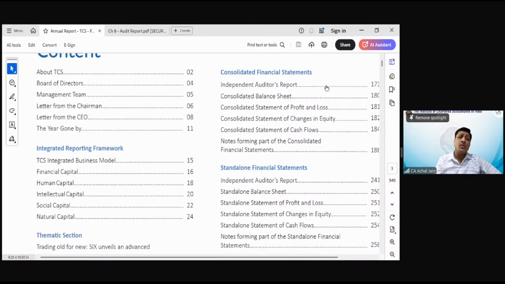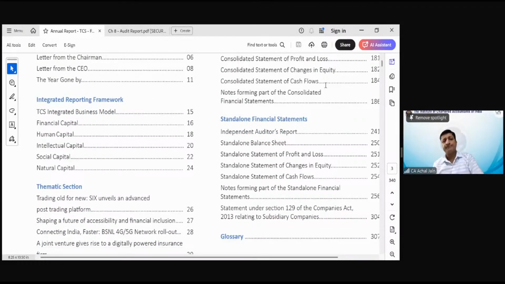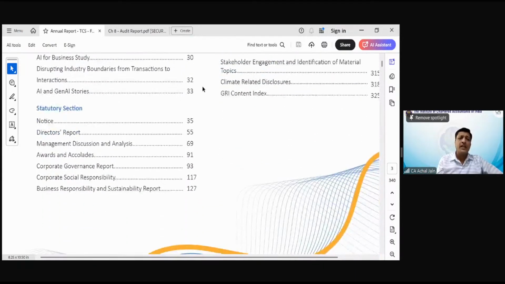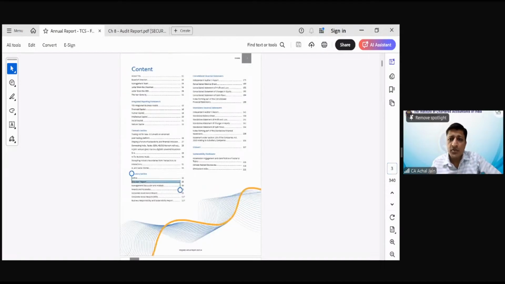So this annual report includes various types of reports. It talks about some integrated reporting framework, which is again a kind of report, nothing to do with financial statements. Then it talks about the director's report, which is included here.